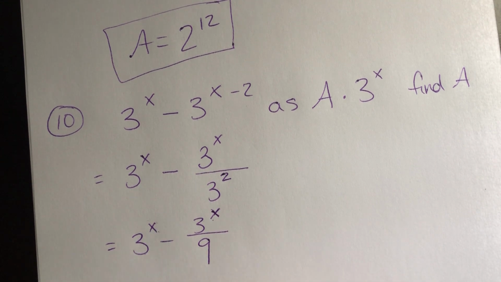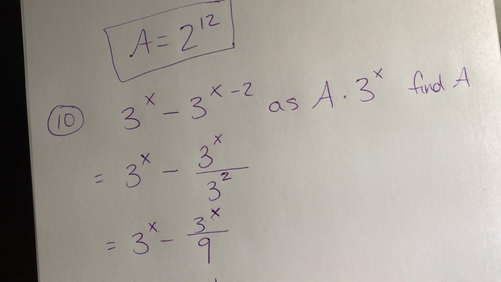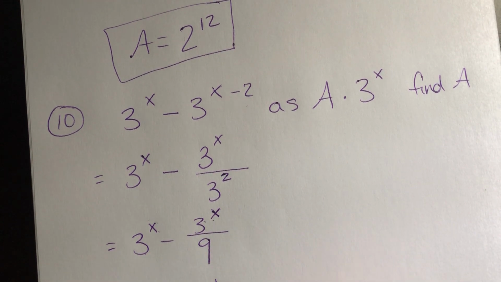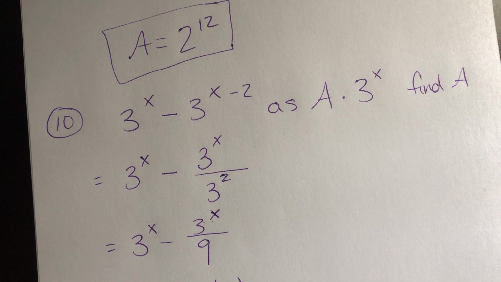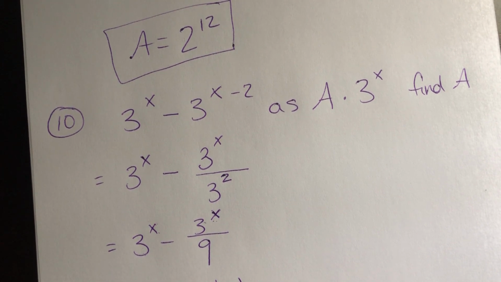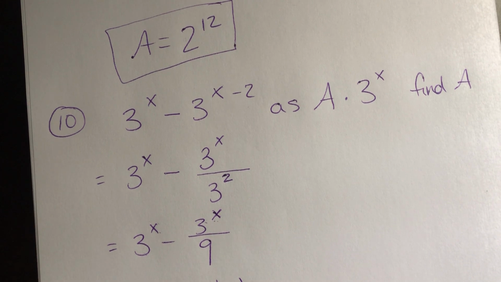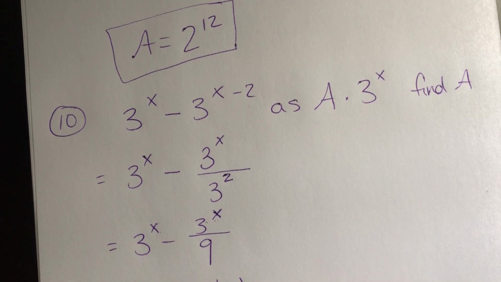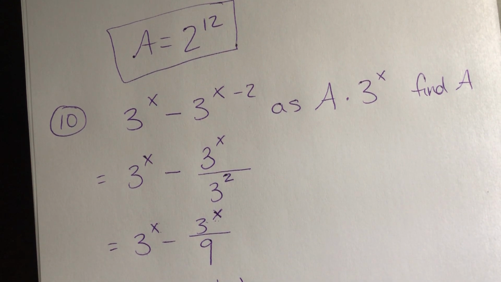And then I'm left with 1 minus, took out that 3 to the x, 1 over 9. Factored out a 3 to the x because they both had a 3 to the x. Pull it out, divide everything by 3 to the x, and you get that. Bring that down. Now I need to do 1 minus 1/9. So I can say 9 over 9 minus 1/9 is 8 over 9.